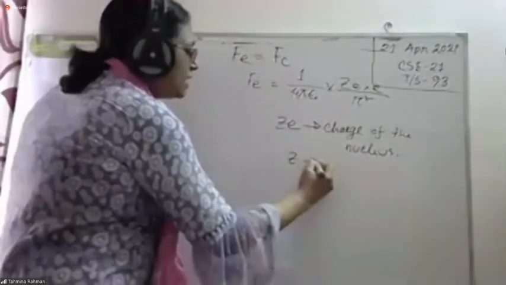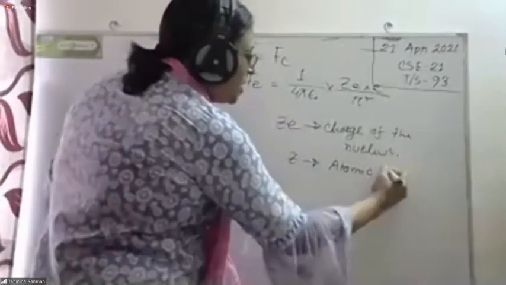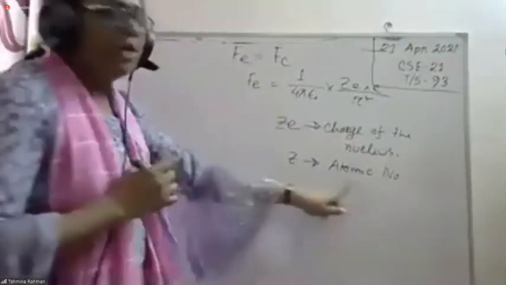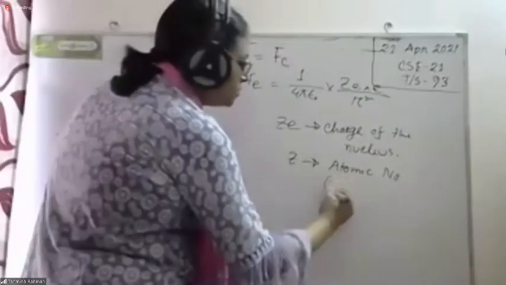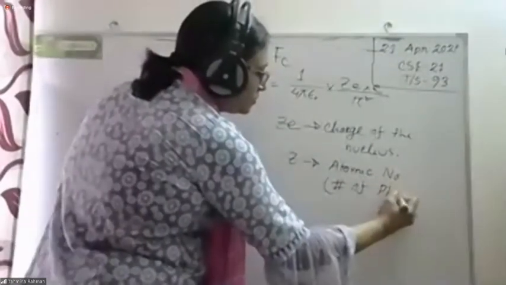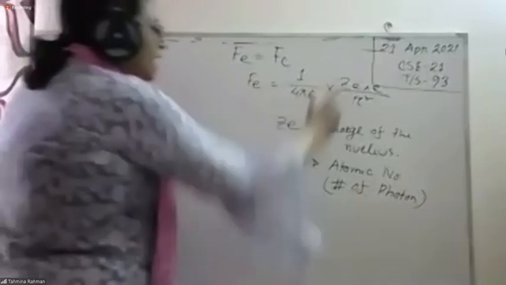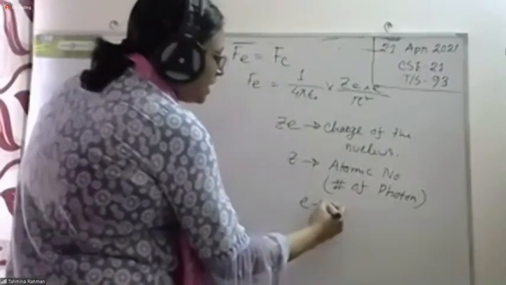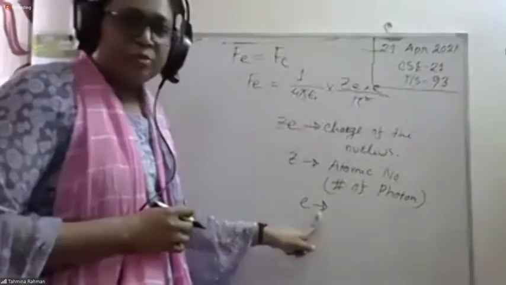Z is the atomic number, which is the number of protons. And e is the charge of the proton.